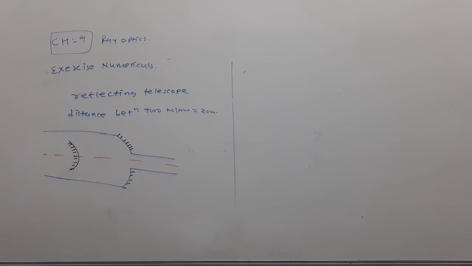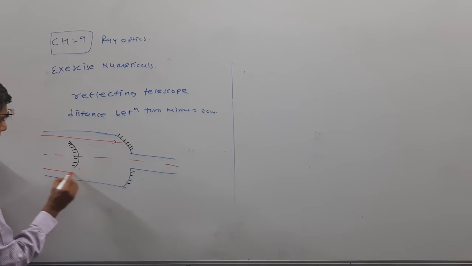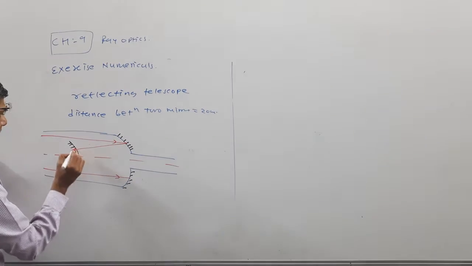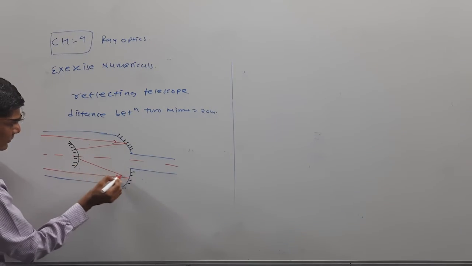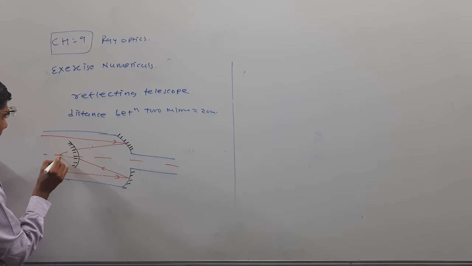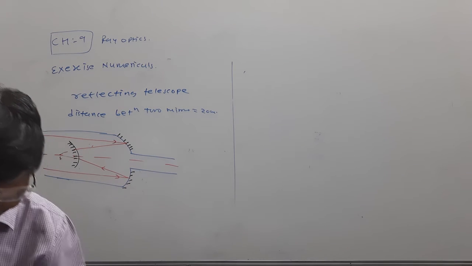Now the rays are incident like this, the paraxial rays. After reflection they would meet here. But we have placed a secondary mirror, which is a convex mirror.